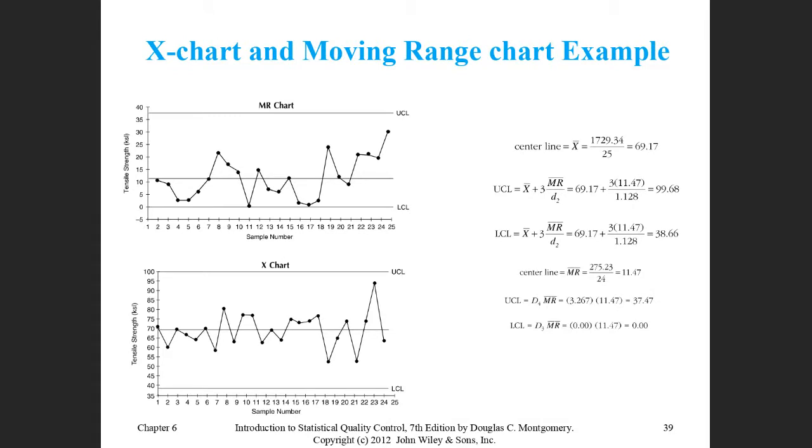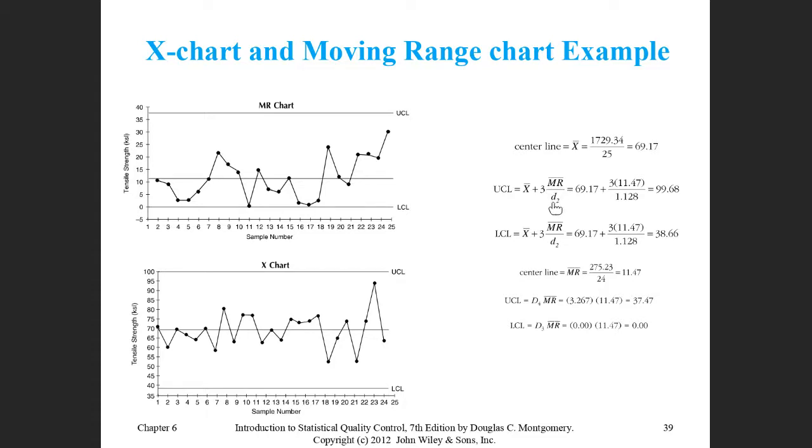To develop the control limits, we do that using the formulas we have covered earlier in the previous slides. For the X bar, it is already calculated in that table. Now to find the upper and lower control limits, you have the X bar, you have the 3 standard deviations, and then you have the average MR calculated from the previous table.